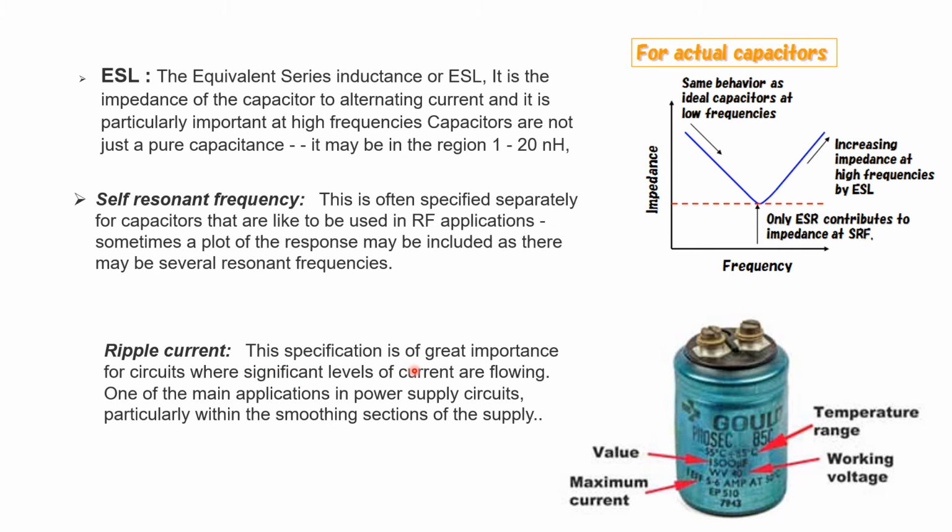This specification is of great importance in circuits where significant levels of current are flowing, one of the main applications being power supply circuits, particularly the smoothing section of the supply. You see what maximum ripple current it can take from your circuitry, and the value, suppose 1500 microfarad, and the working voltage, 40 volt, 50 volt. All of this will come with the capacitors. If you are aware of all the parameters, then you can go ahead and use them in your circuit design.